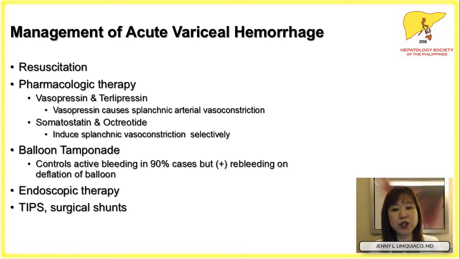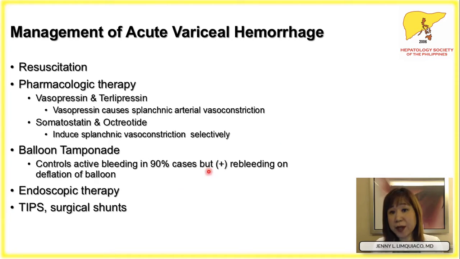Now, how do you manage acute variceal hemorrhage? First is resuscitation. You need to establish IV access and fluid resuscitation. You need to secure the airway and intubate early, especially if the patient is already at stage 4 hepatic encephalopathy. You also avoid vigorous resuscitation or overtransfusion, with hemoglobin set at around 8 grams per deciliter, because if you do massive resuscitation of all the blood loss, there will be higher portal pressure than baseline, producing more rebleeding and more mortality.